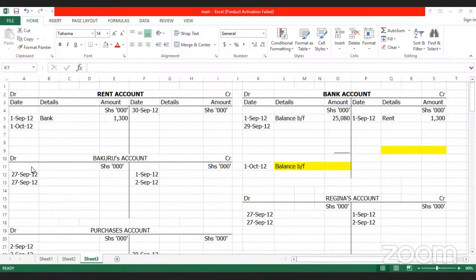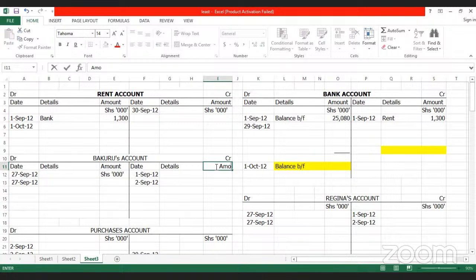I have these accounts here, as you can see on your screen. Date, the details, and then the amounts. I have to show that in the account, but remember the amounts are in thousands.